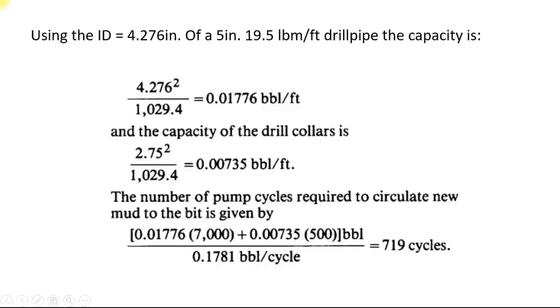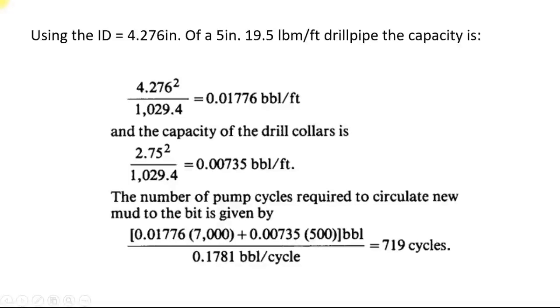Now we already know the formula for finding the total number of cycles is the total volume divided by the pump factor. To find the total volume, we just multiply the capacity with the total length of the pipe. This case represents the drill pipe and this case represents the collar: 7,000 feet of drill pipe multiplied by its capacity plus 500 feet of collar multiplied by its capacity.